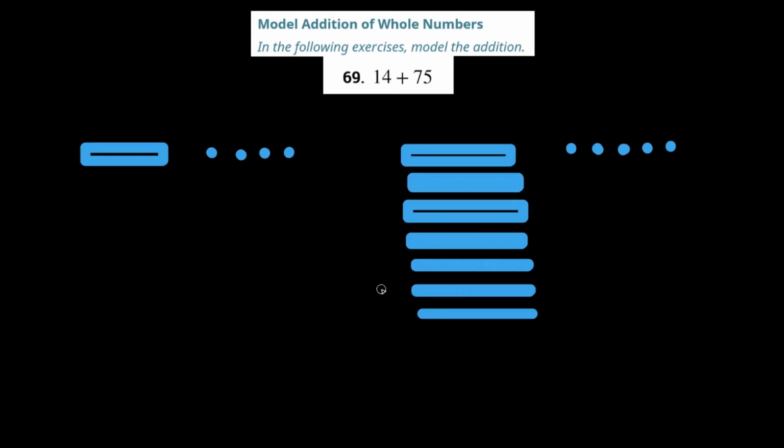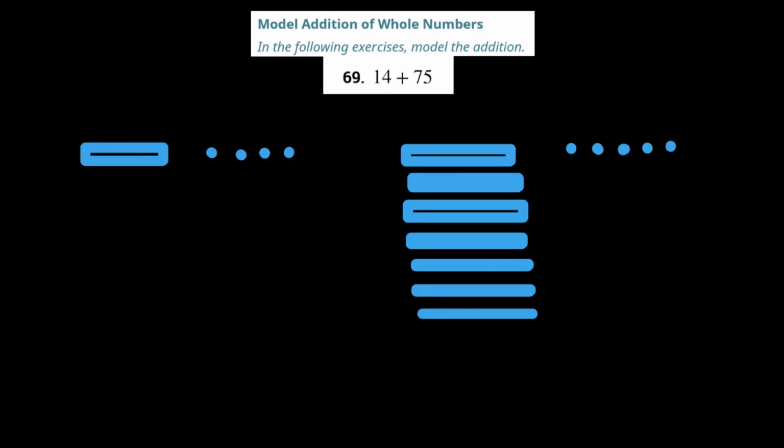So if we want to add these together, let's add the tens first. If we add the tens first, or the rectangles, we have a total of 1, 2, 3, 4, 5, 6, 7, 8. We have a total of 8 rectangles. Let's put this over here.